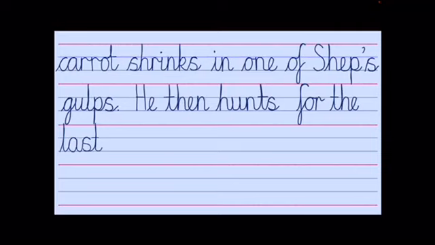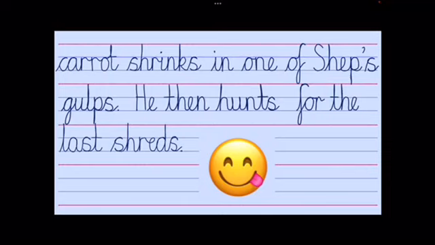And we have shr again. Shreds. So in his chewing, there must have been lots of little bits left behind. And I think we'd need the equivalent of a dog emoji licking his lips because that carrot was good.